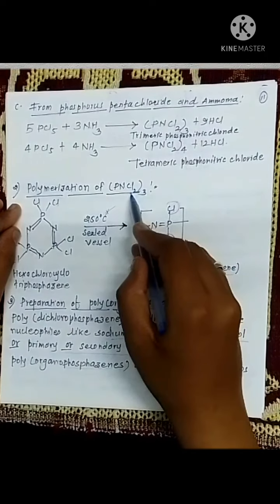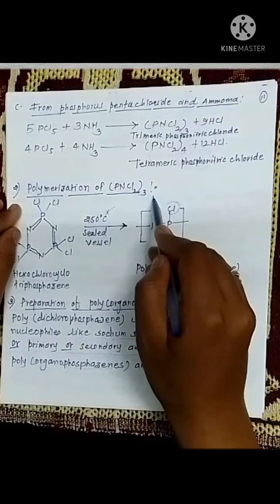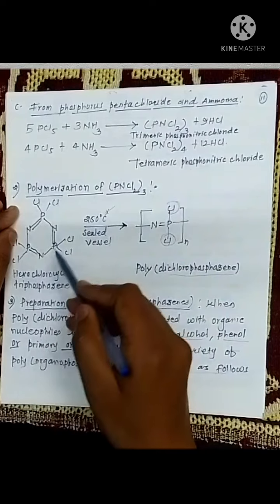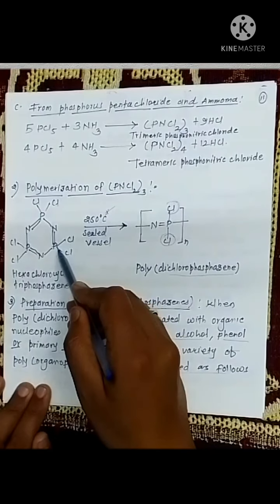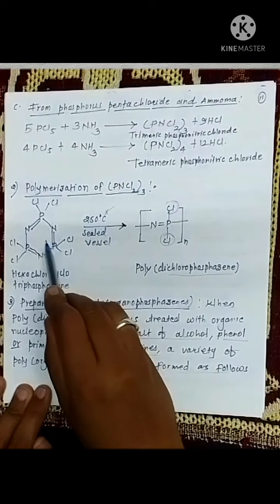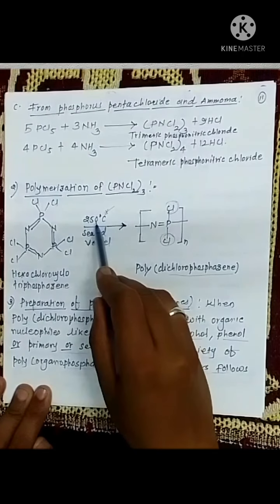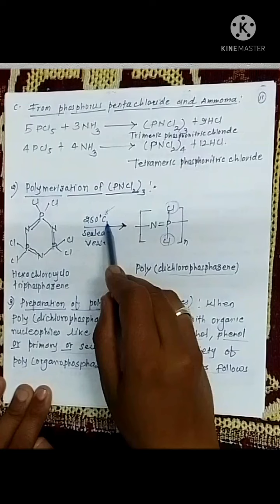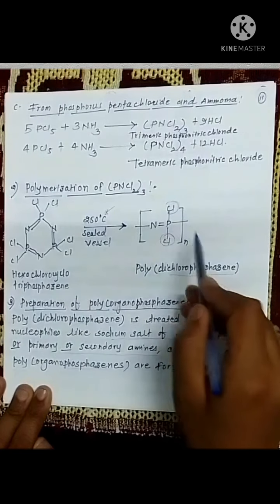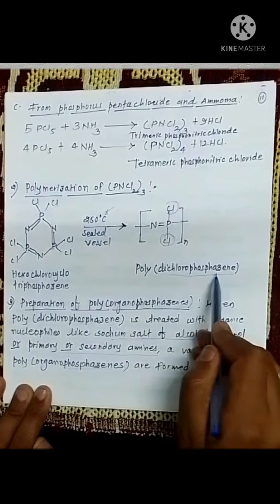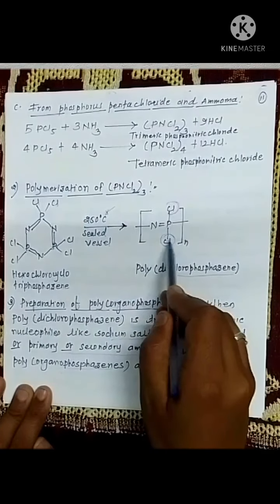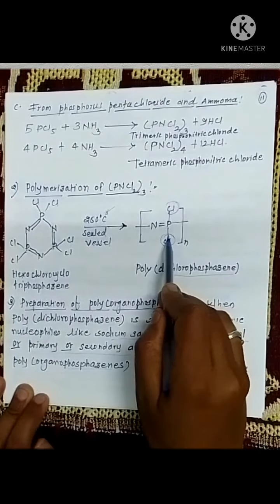Now the polymerization of (PNCl2)3. Basically this hexachlorocyclotriphosphazine is heated in a sealed vessel at about 250 degrees centigrade. So we get polydichlorophosphazine. It is basically a ring opening polymerization process which goes in this reaction.